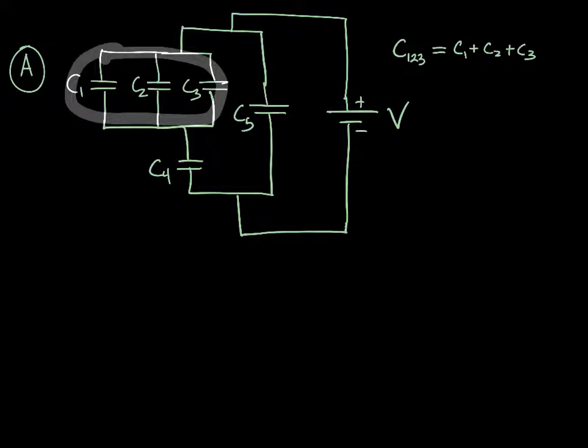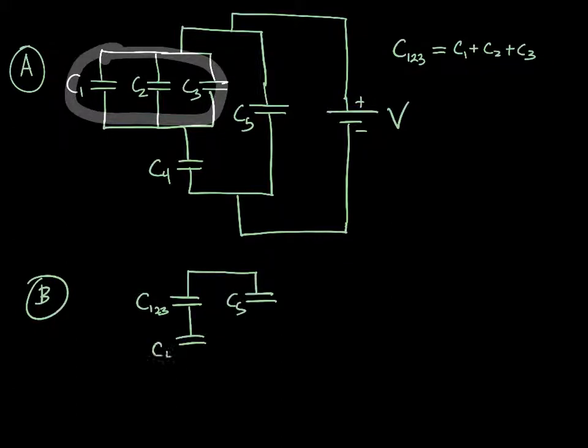So now I know that part. So then my new version of this, I could write it as a single capacitor, which I'll call C123. And that's going to be in series with C4, in parallel with C5, and then I still have my battery out here.